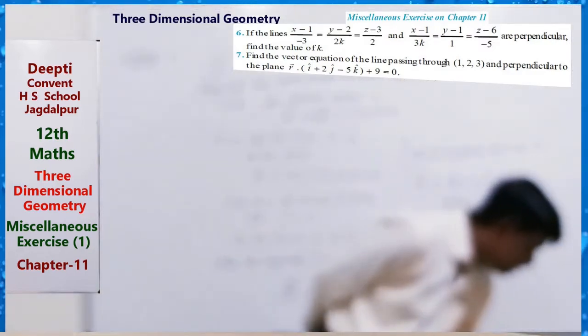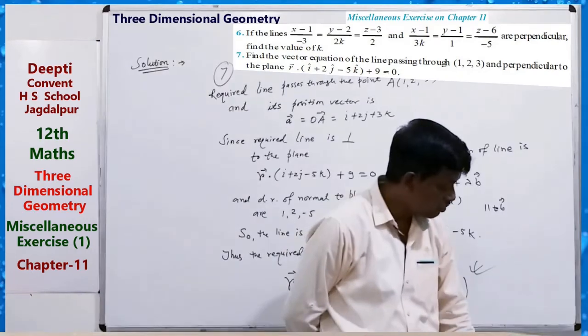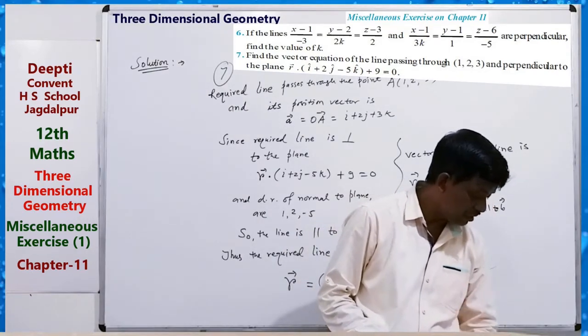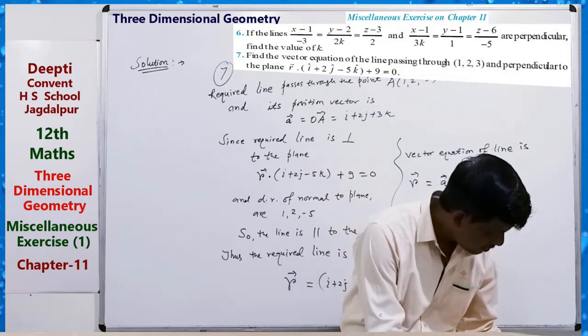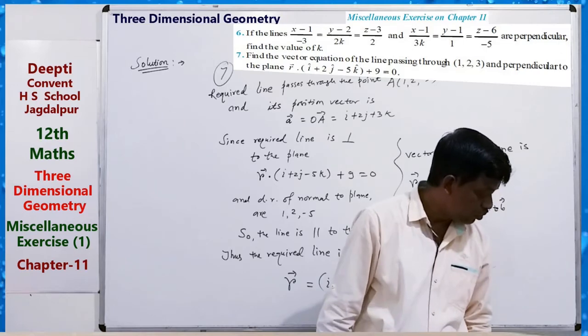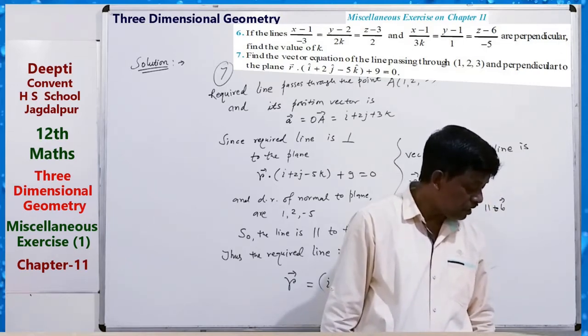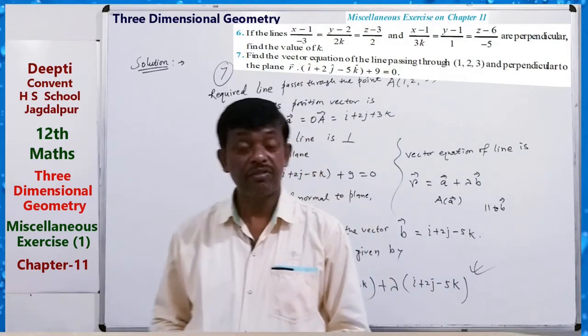Okay. Question 8. Find the equation of the plane passing through the point (a, b, c) and parallel to the given plane. We have to find the equation of the plane.